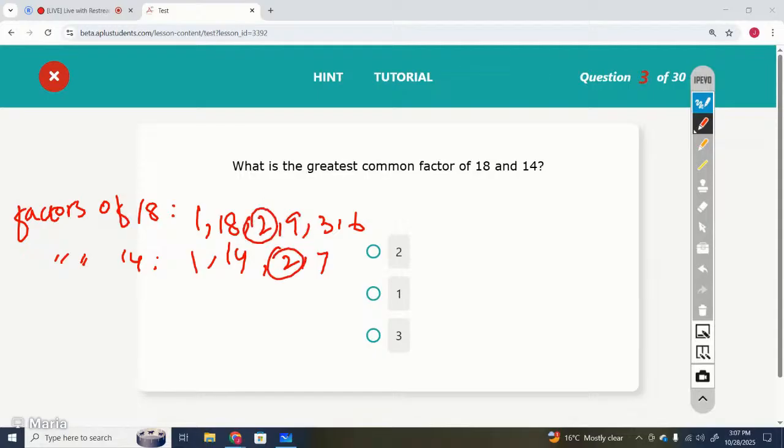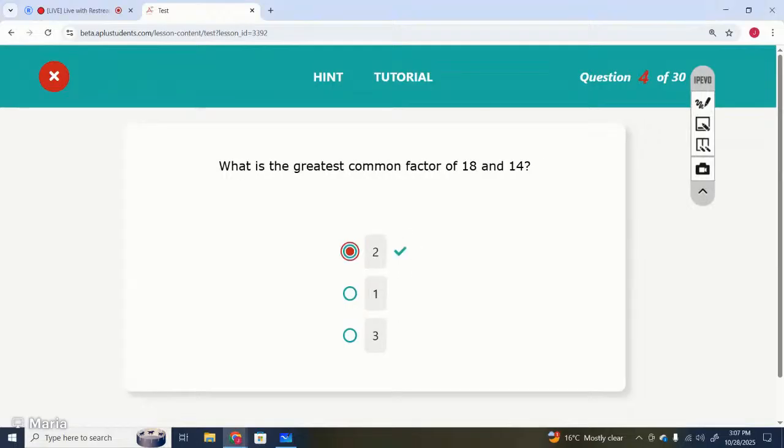So the only common factor here is 2. So the correct option is 2. Option number 1 is the correct option.